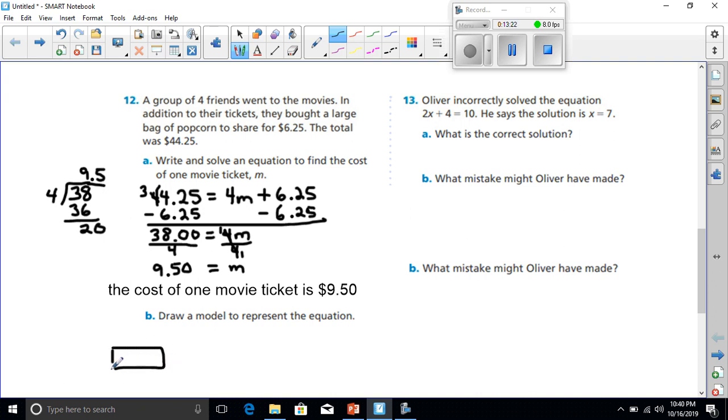So if I was to draw a model, I think I would put over here 6.25, and then over here I'd make 4 boxes that were each going to be m.